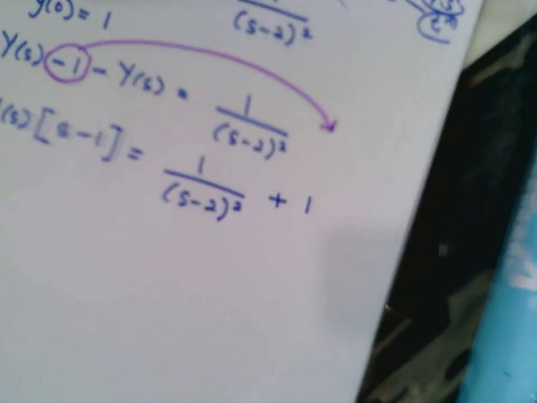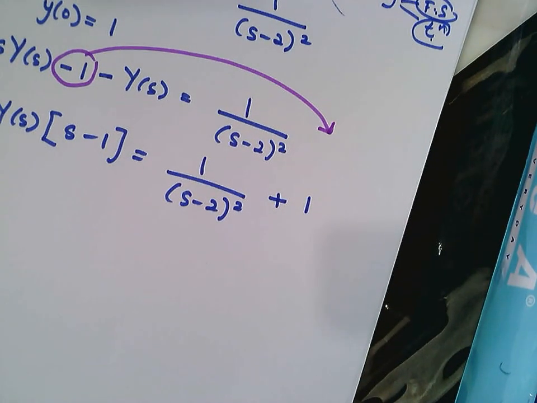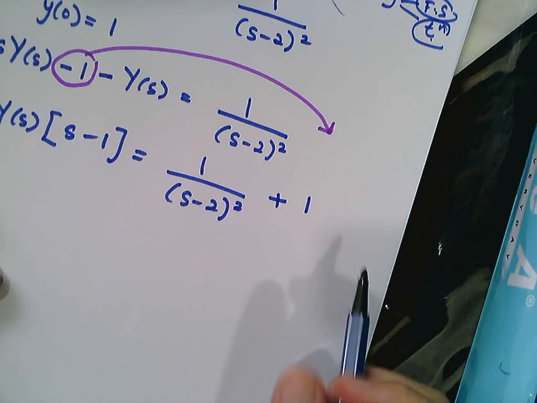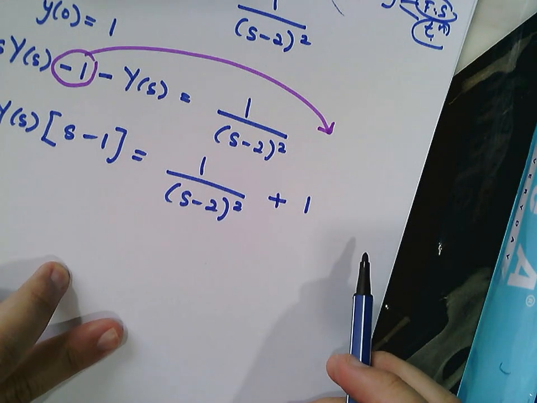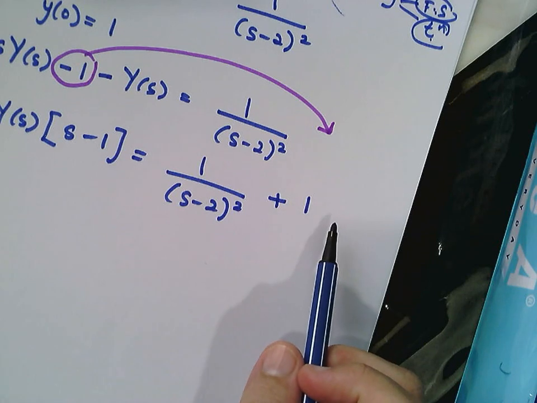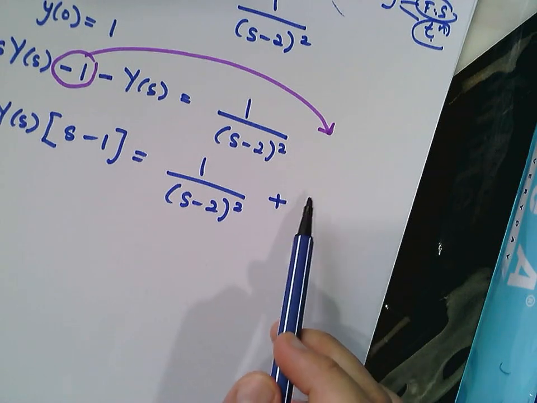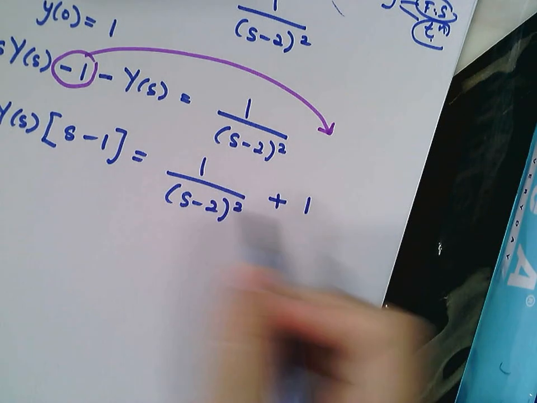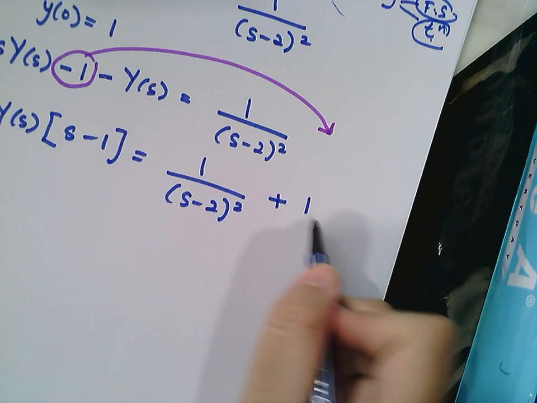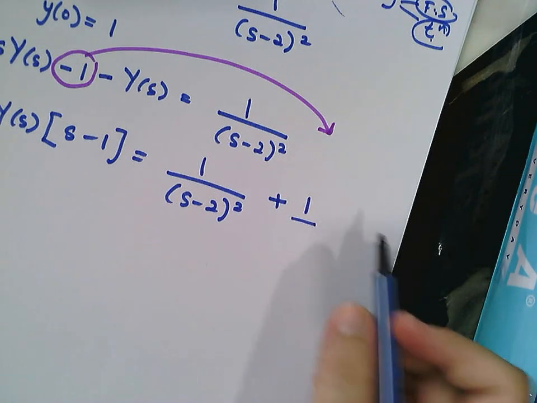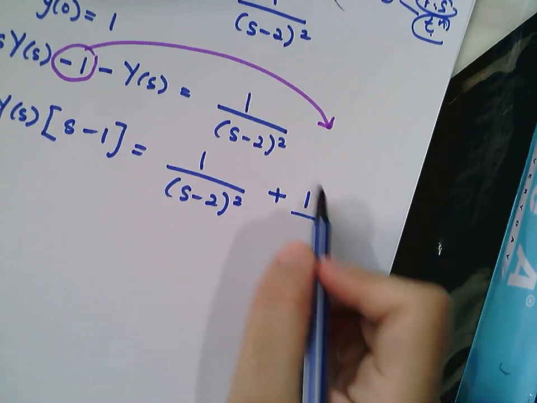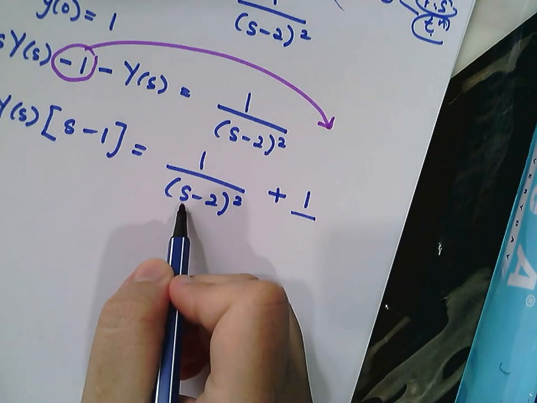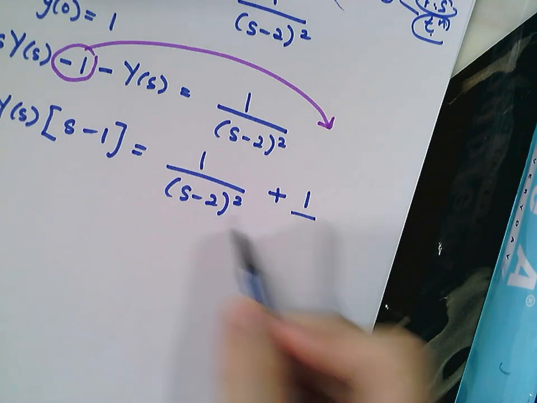So here you have a choice. Either you want to remain with two functions, or you want to have one function by doing something so that the denominator is (s minus 2) the whole thing squared.